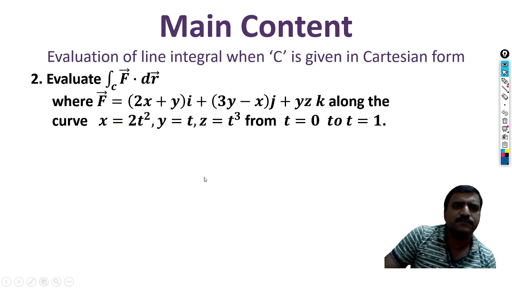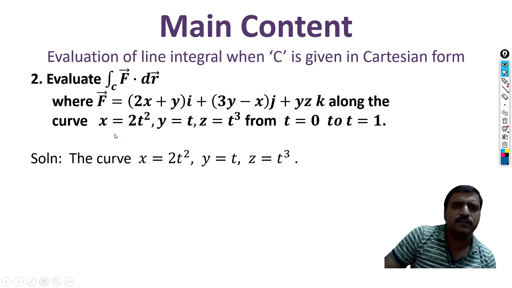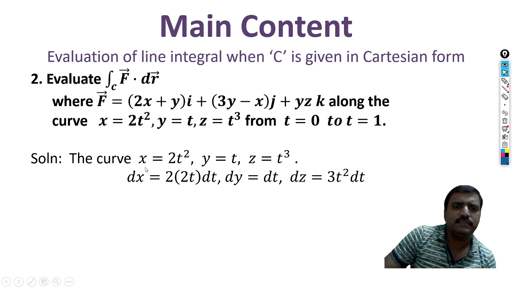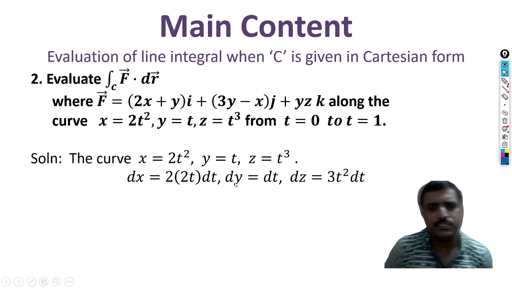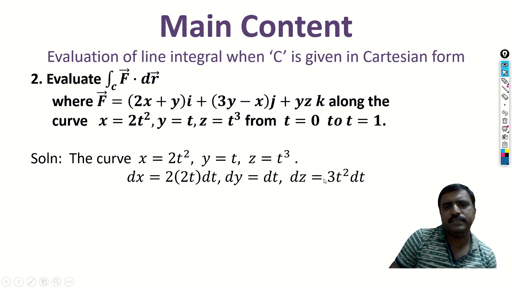As usual we have to find F dot dr. To find it, first take x, y, z in terms of t, and dx, dy, dz. Differentiation of x, that is 2t square, is 4t dt. Differentiation of y is dy is equal to dt. Differentiation of z, that is t cube, is dz is equal to 3t square dt.